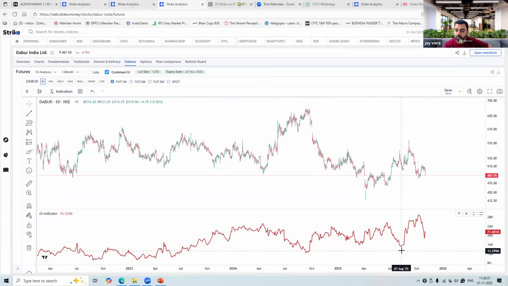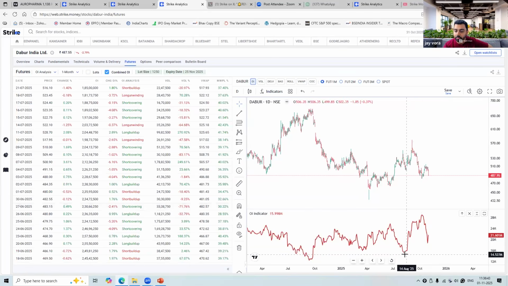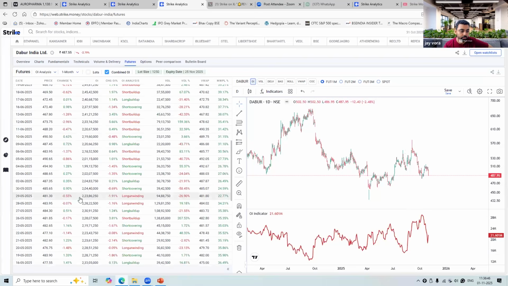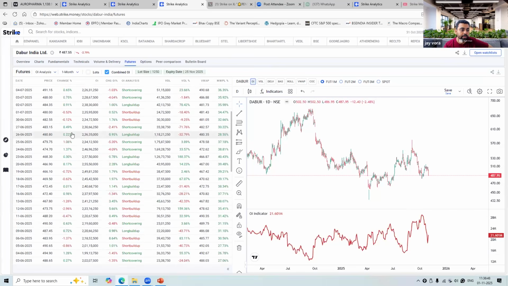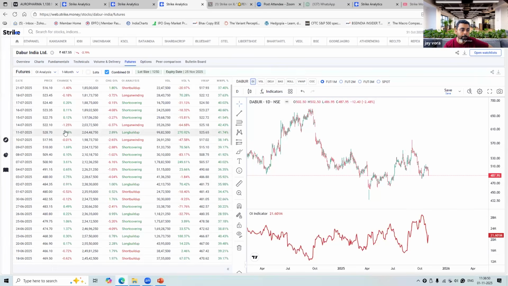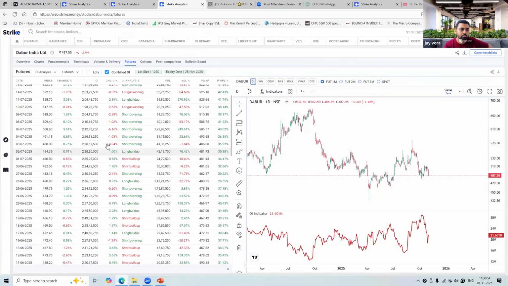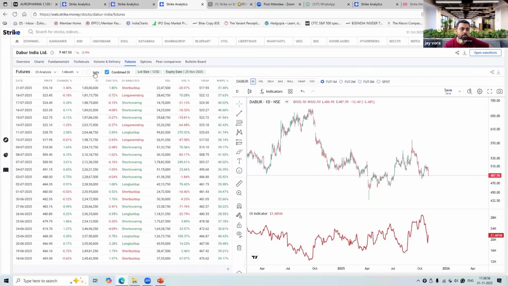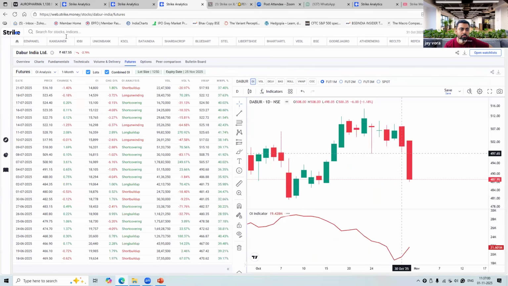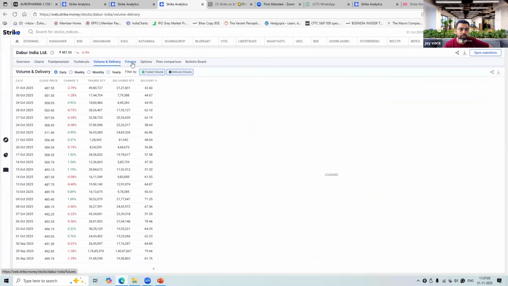In fact, I think, okay, there might be some longs which have got covered over here, but let us also check the data. 11th of August. August is 8. But I'm not sure why the data is only there till 7th over here. Let me just check.